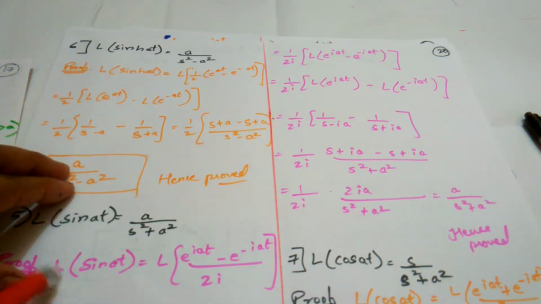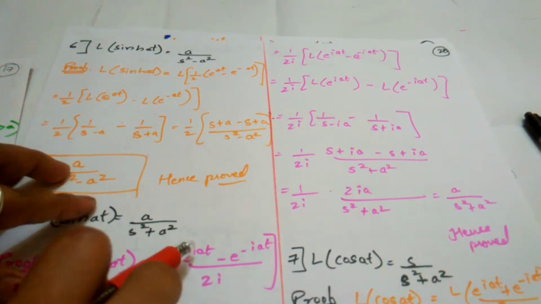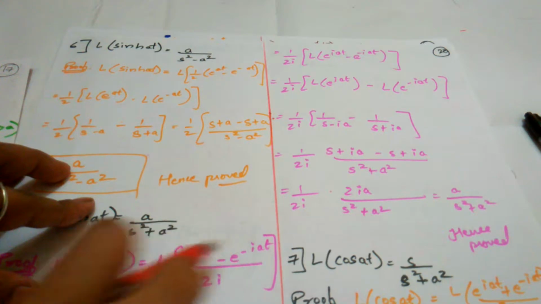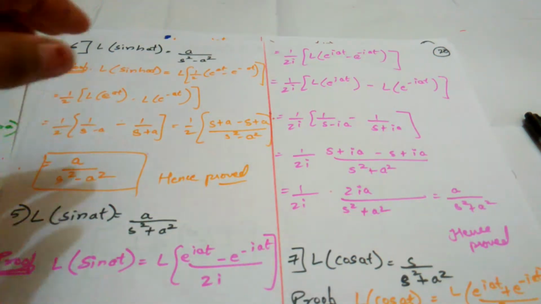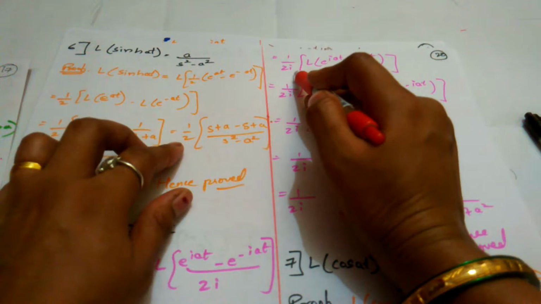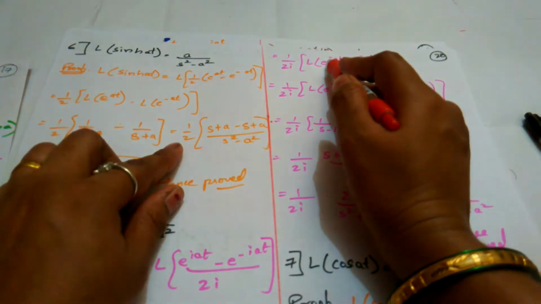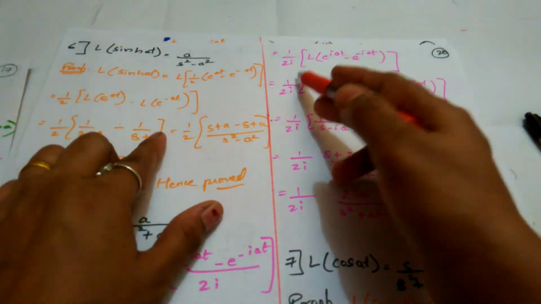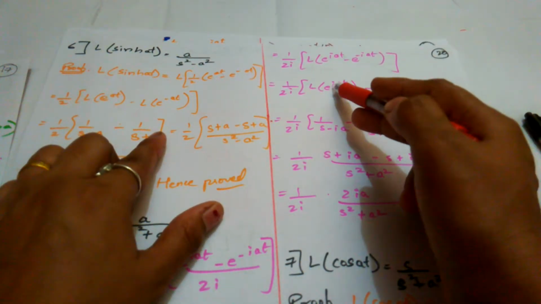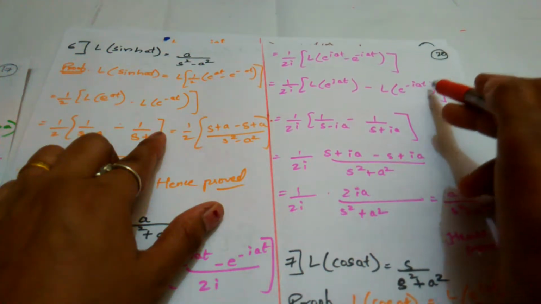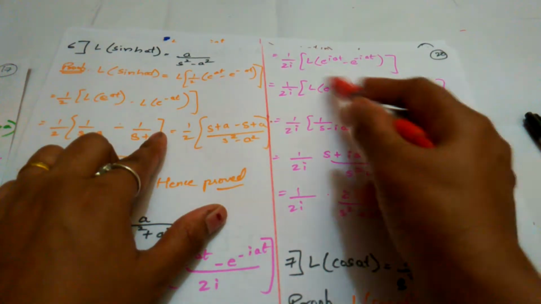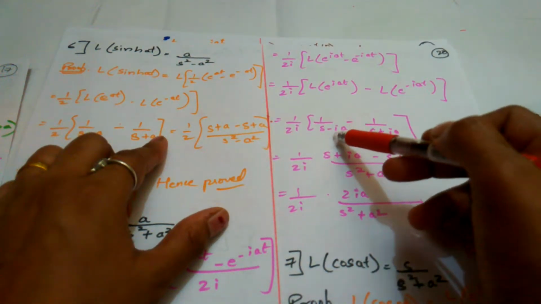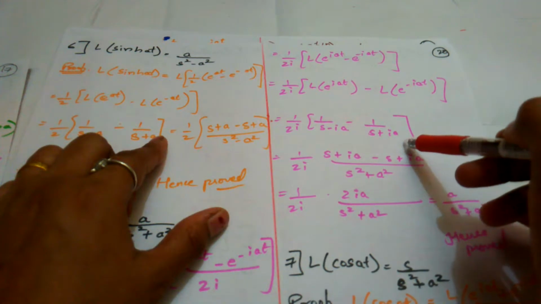Similarly, sin at: L of sin at is equal to L of e raised to iat minus e raised to minus iat divided by 2i. So 1 upon 2i comes out common: 1 upon 2i times L of e raised to iat minus L of e raised to minus iat. We substitute this as 1 upon 2i times 1 upon s minus ia minus 1 upon s plus ia.